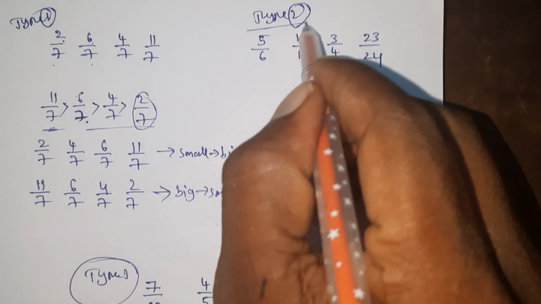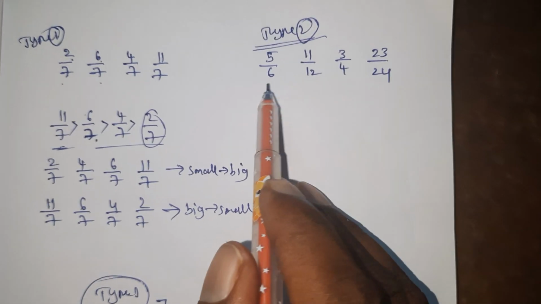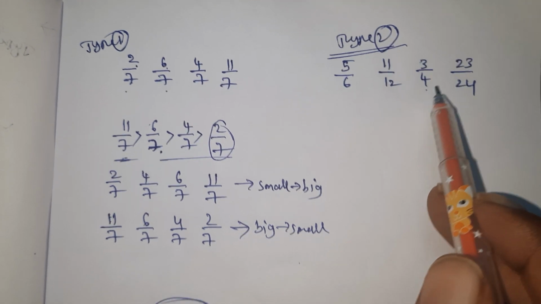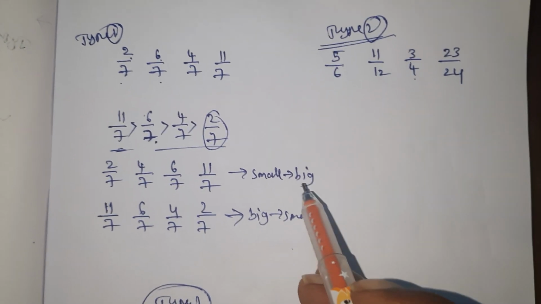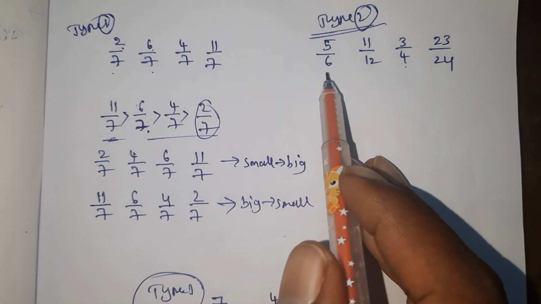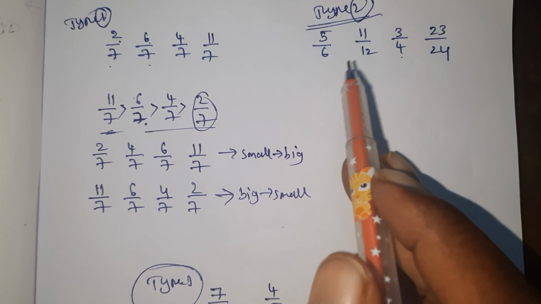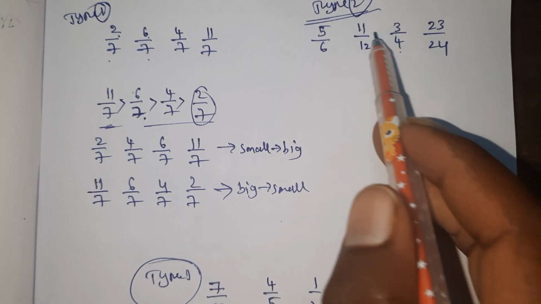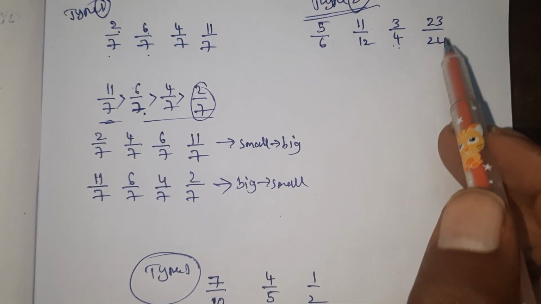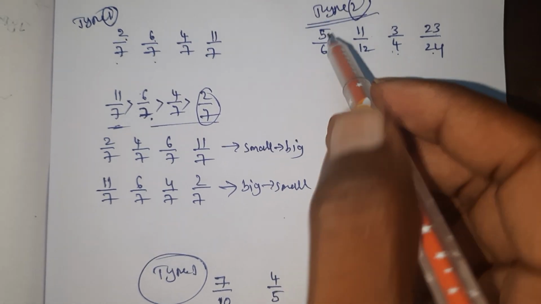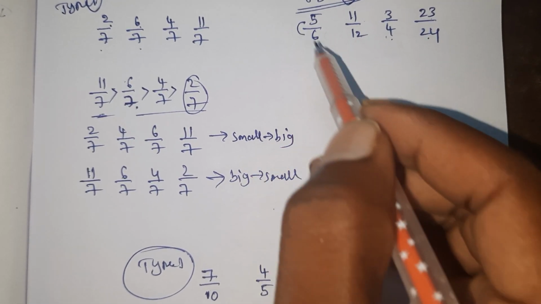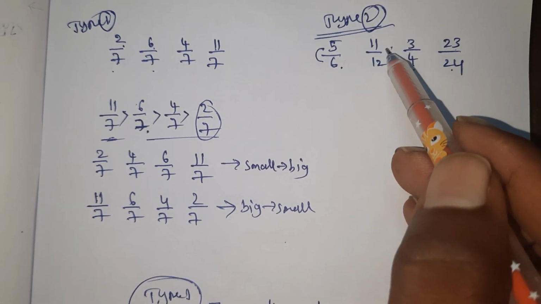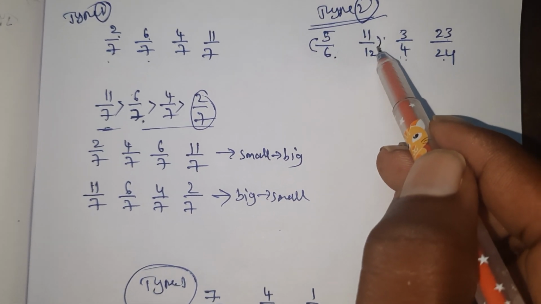And coming to type 2, here the fractions are 5 by 6, 11 by 12, 3 by 4, 23 by 24. This type of model we already discussed in my previous video, if you haven't watched it. Okay, so 5 by 6, 11 by 12, 3 by 4, 23 by 24. If you observe here, the difference of numerator and denominator for the first fraction 5 by 6 is 1, and for 11 by 12 also the difference is 1. Here also the difference is 1.